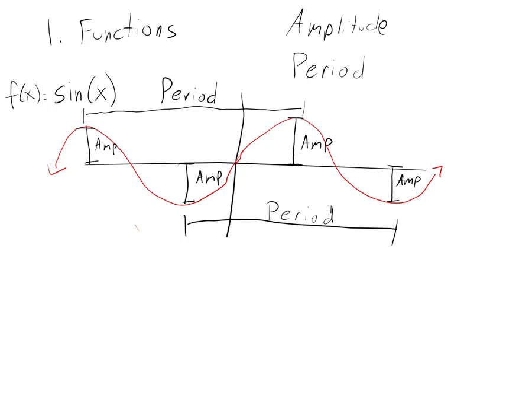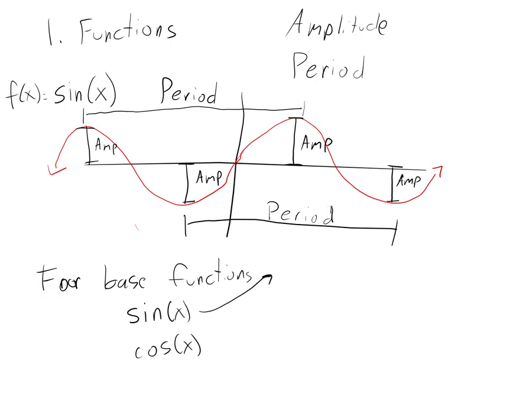So, for what I might call the base functions, sine of x and cosine of x, sine of x has an amplitude equal to 1, and it has a period equal to 2 pi.